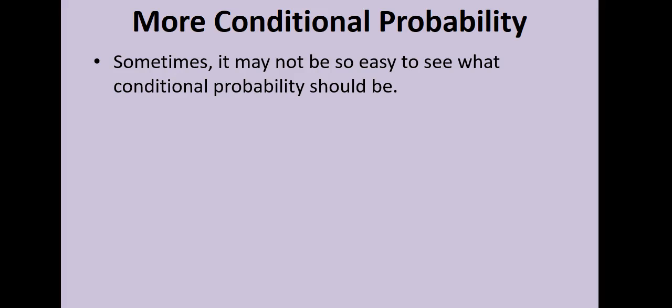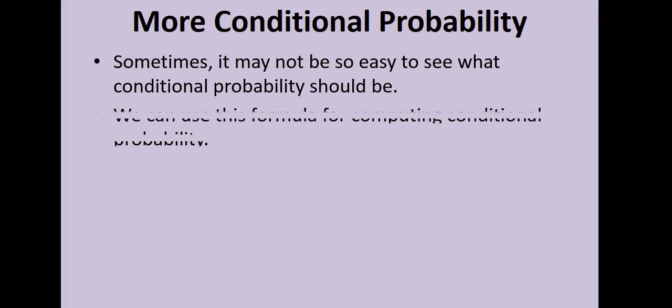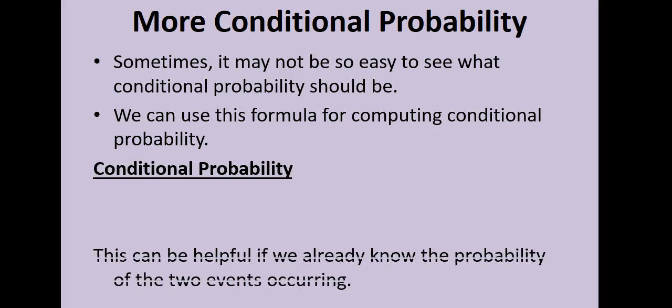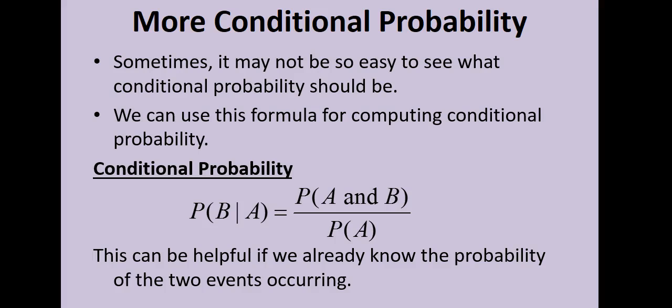Now, a little bit more about conditional probability. Sometimes it might not be so easy to see what conditional probability should be. We're going to use this formula when we are sometimes working with it, and that would be that the probability of B given that A has occurred is always going to be equal to the probability of A and B occurring at the same time, divided by the probability of A. Now, that can be helpful if we already know the probability of the two events occurring.